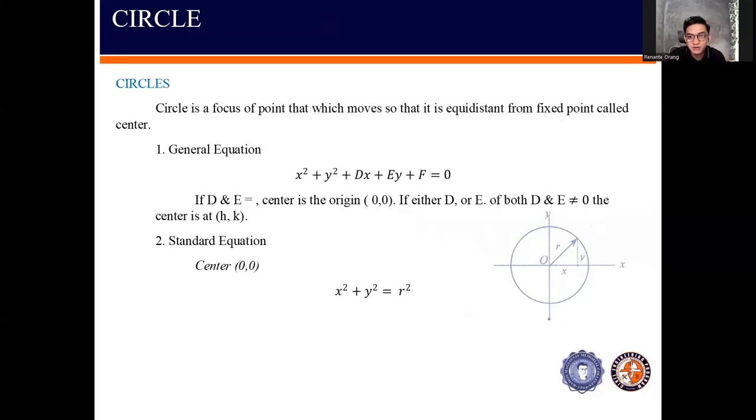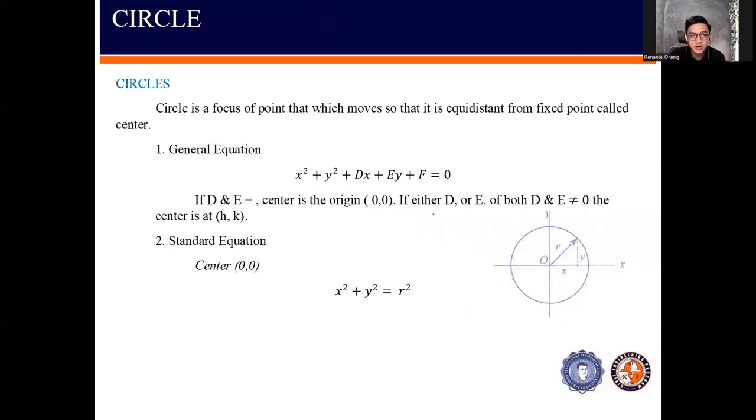This means that any point on the circle has the same distance, which is why it is called equidistant, to our center, which we call the radius.